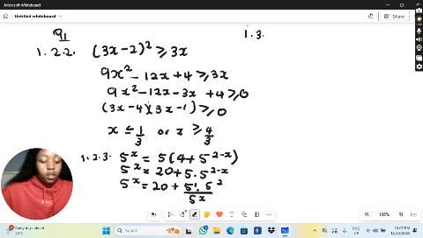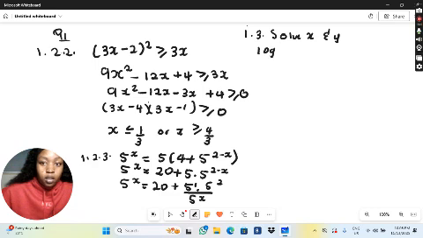So we are going to be having 1.3, and in 1.3 we have to solve for x and y. So we have log 16 base x is equal to 4.